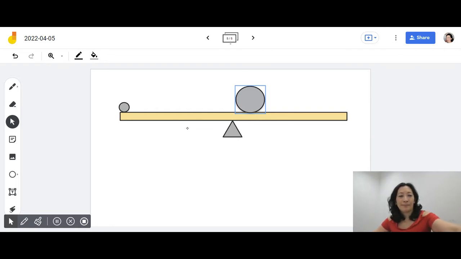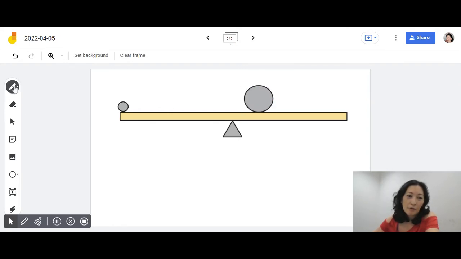Okay, thank you. Anyway, if you can keep trying, take a longer ruler and you can probably see it more clearly. If you take the heavier object and place it closer, it's actually possible to balance, even though they have very different masses or weights. Because in the end, it's about comparing the moments.